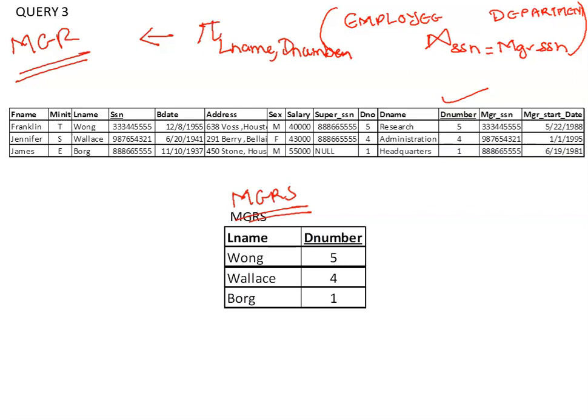So with respect to the managers relation, I will select from the managers table where L name equals Smith. So I will get those tuples from the managers table where the last name is Smith.